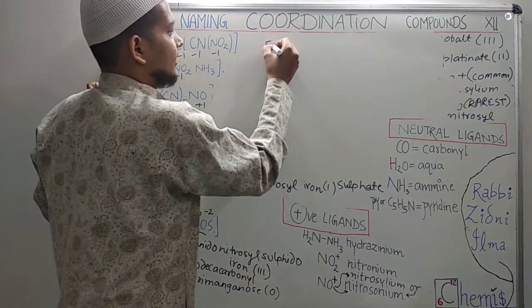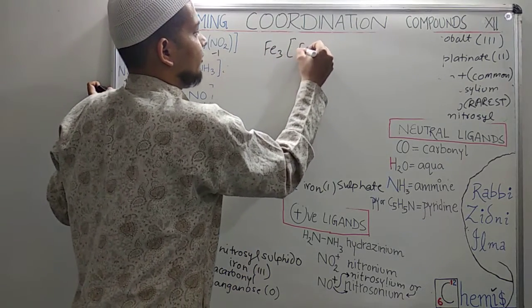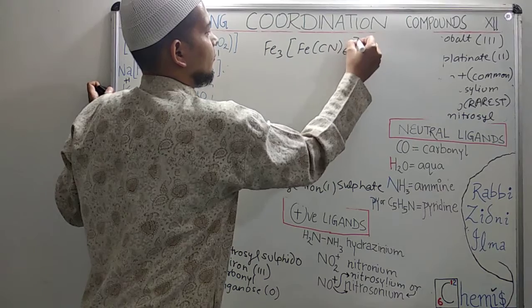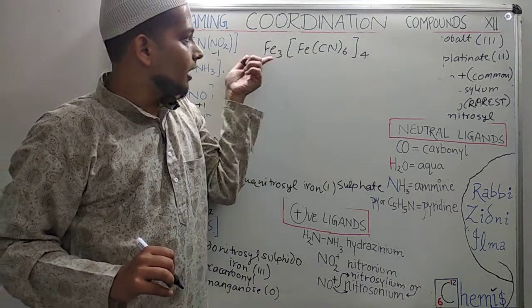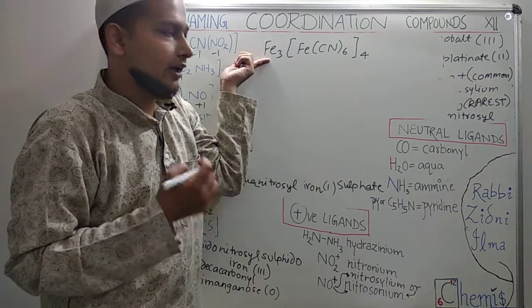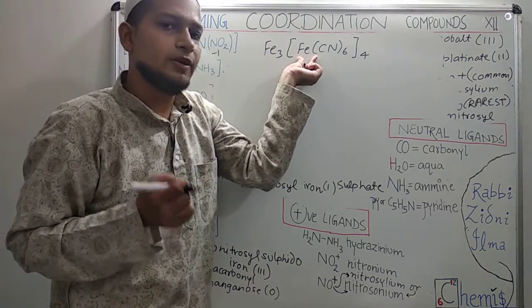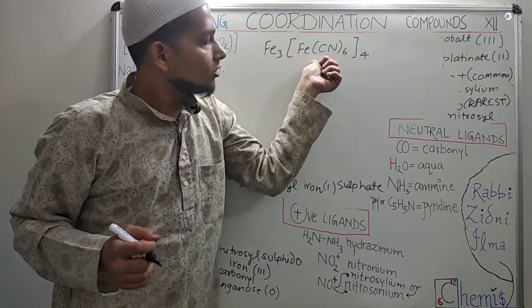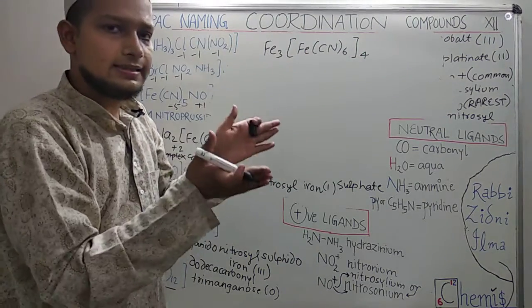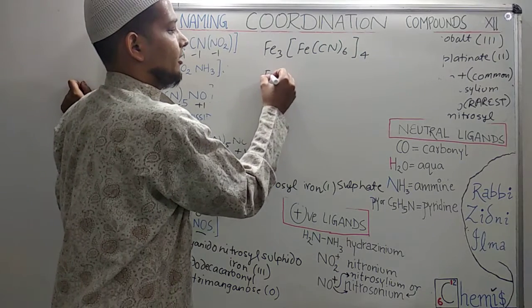Now look here, if I say I have Fe4[Fe(CN)6]3. So how will you name this? We have 2 Fe, the outer one, the cation, will be named iron, and this one in the coordination sphere will be named ferrate. So the oxidation states, first of all let us break this in the classic pattern.